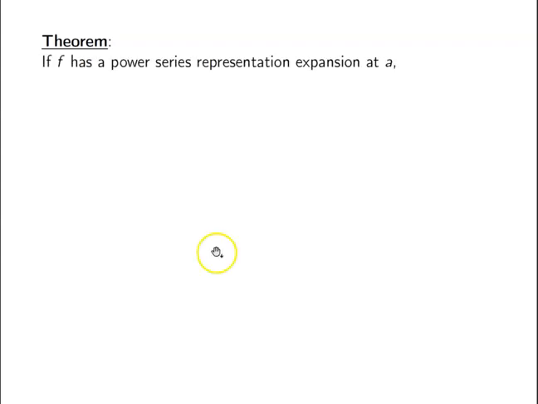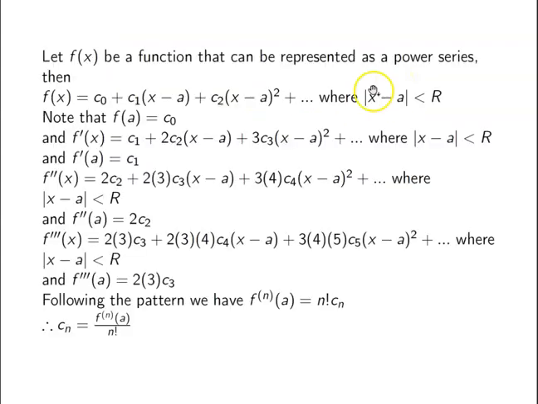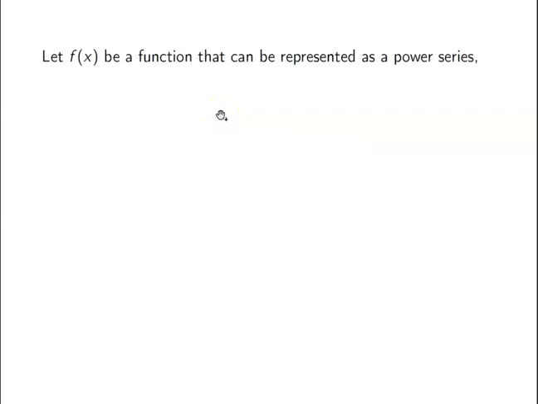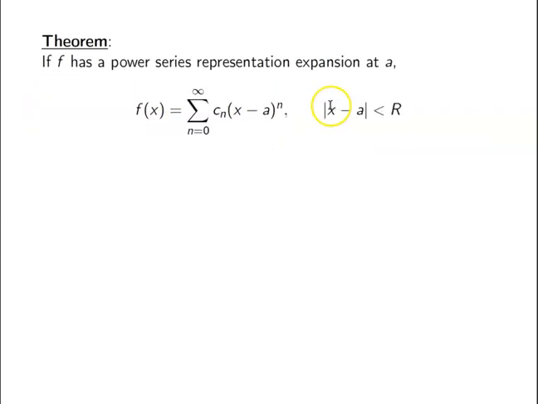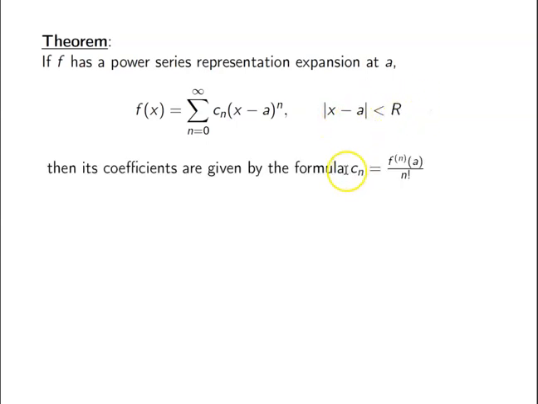Putting this all together now, we can form our next theorem. If we have a function f that has a power series representation expansion at a, so that's basically just saying we can represent our function with this form: f of x is the sum from n equals 0 to infinity of cn times x minus a to the n, since we're centered at a, being convergent within a radius of r.